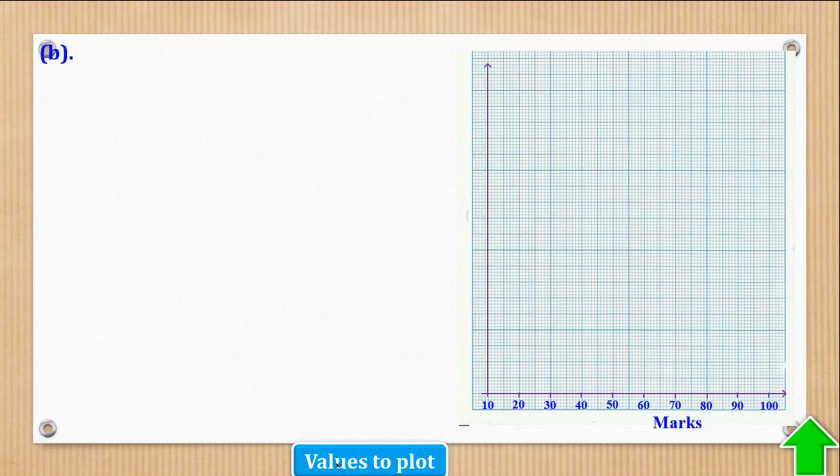Label it. Then also get the scale for the vertical axis. And also label it. The next will be to plot.